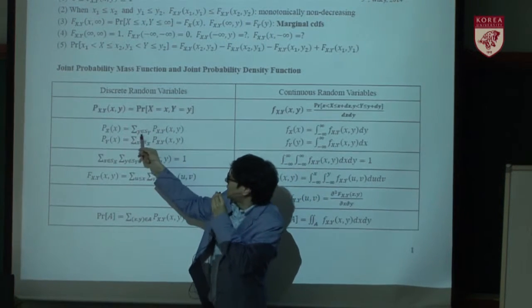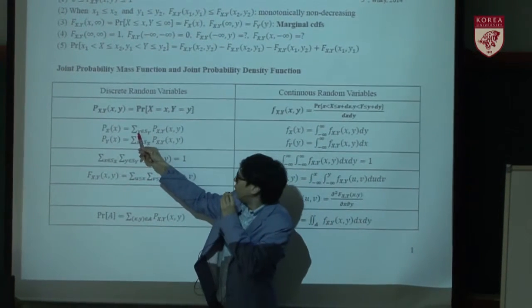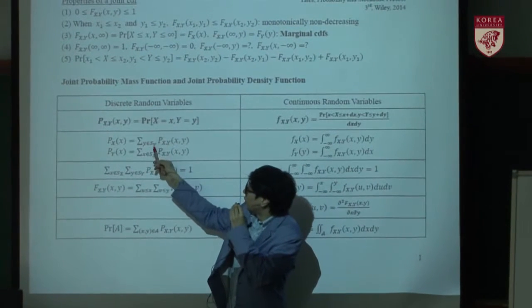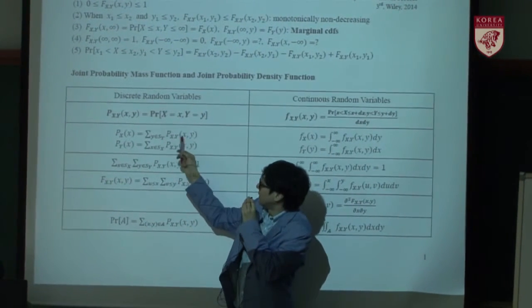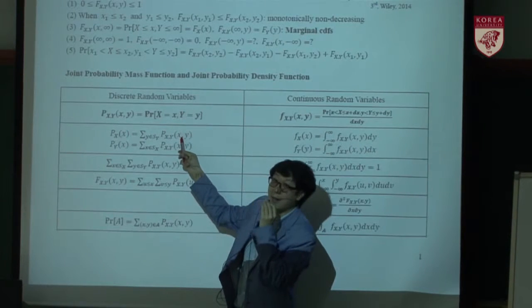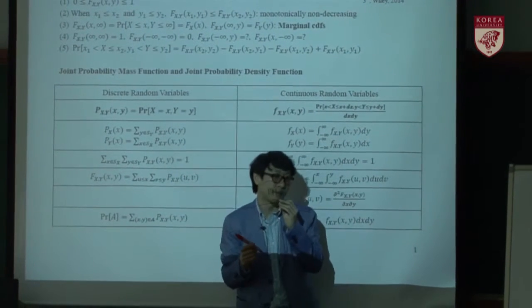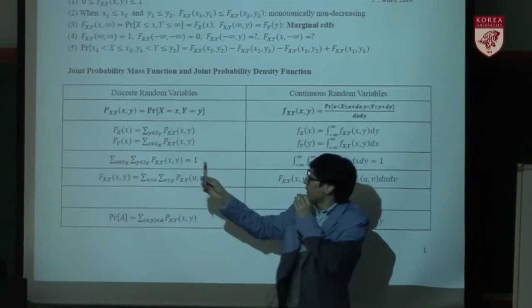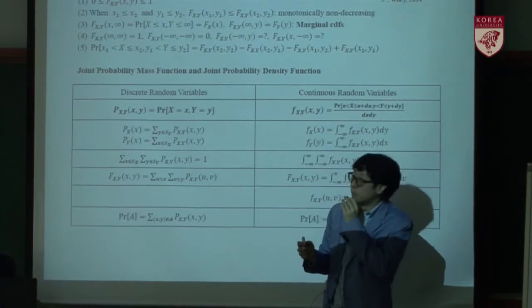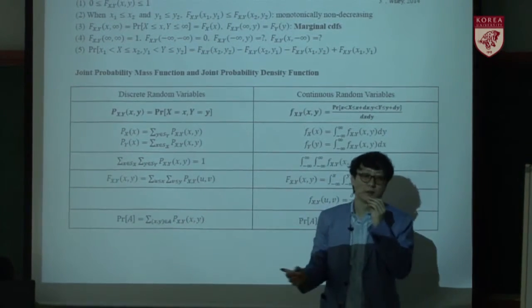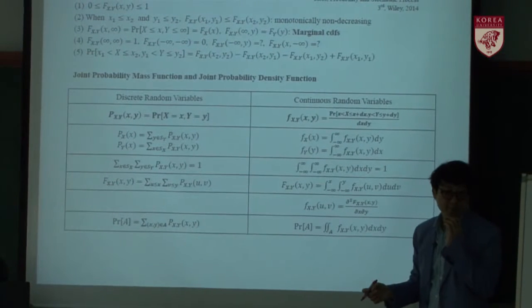So this summation is over Y, where Y is in the whole sample space of Y, for this specific X. Then that's the marginal PMF. Similarly, the marginal PMF of Y is calculated by summation over X.